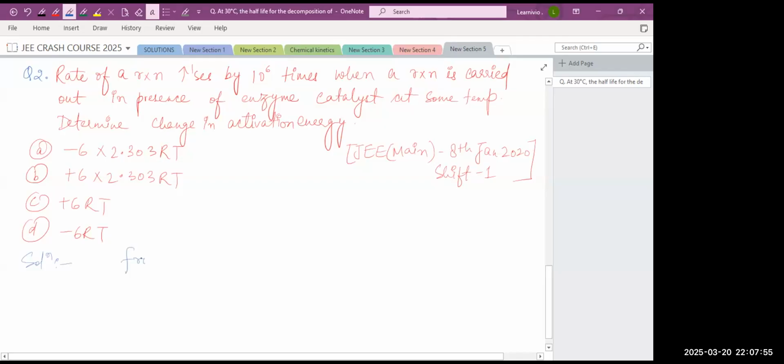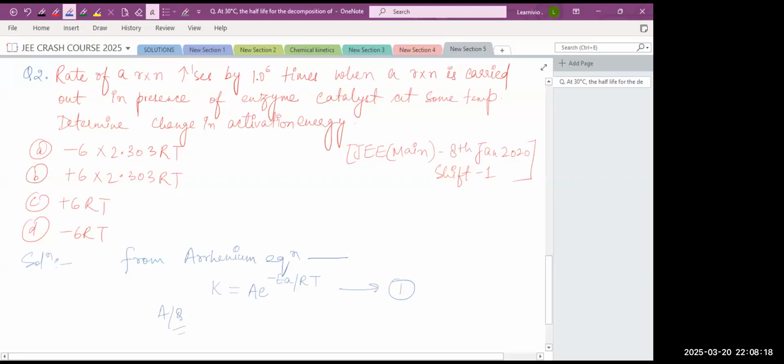Okay, see, from the Arrhenius equation, what we know is the rate constant k equals A e to the power minus E upon RT. Mark it as the first equation. And according to the question, what is given?